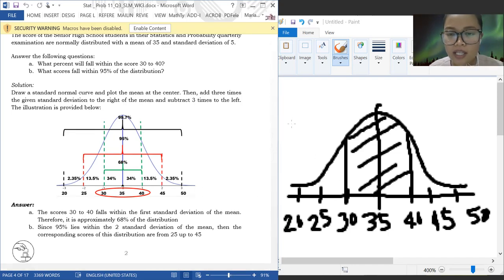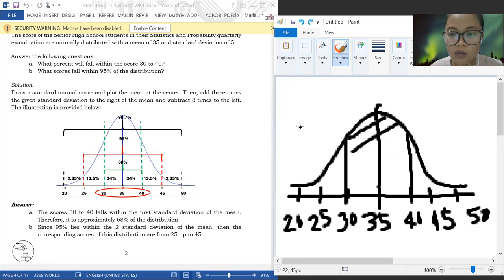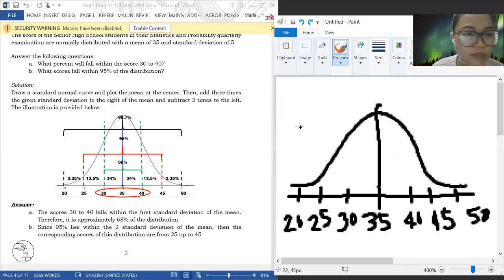Okay. The next part is question number 2. What scores will fall within 95% of the distribution? This time, it gives the percent and asks for the scores. In that case, the 95% of the distribution is the red area.